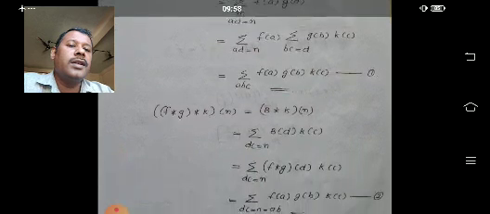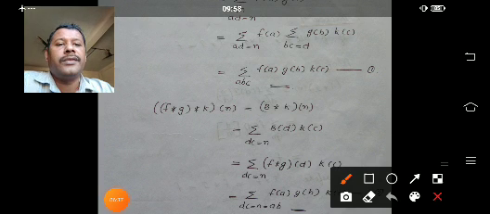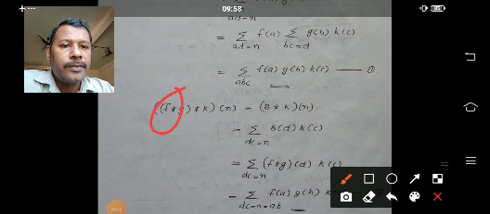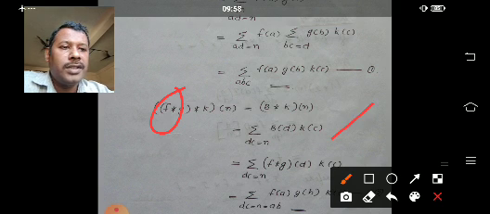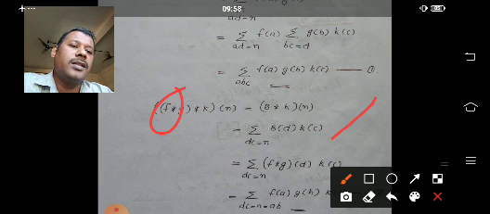Next case, (f star (g star k))(n). First we choose f star g equal to B. Then ((f star g) star k)(n) equals (B star k)(n). From the definition, dc equal to n, the summation over dc equal to n of B(d) k(c). B means f star g.